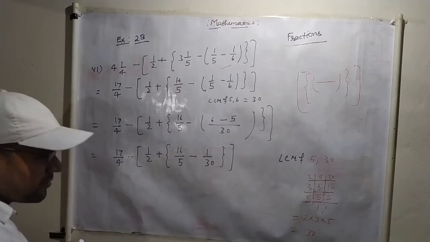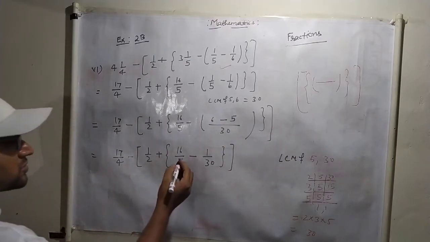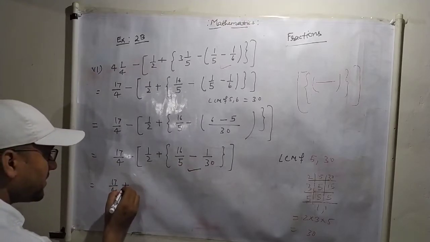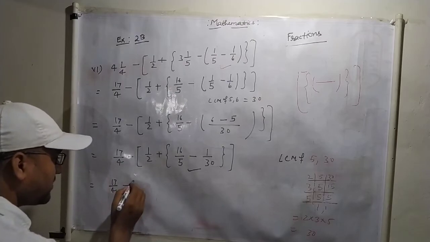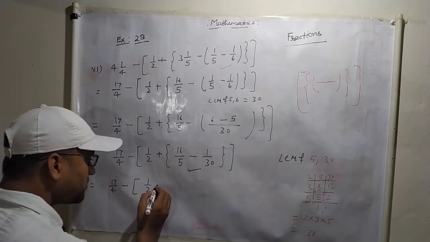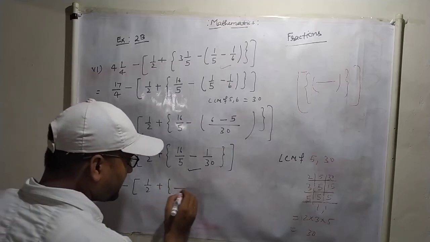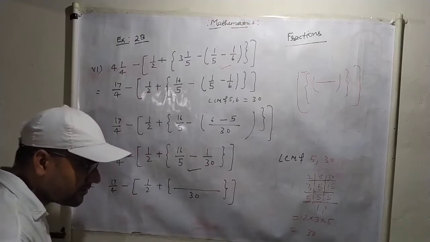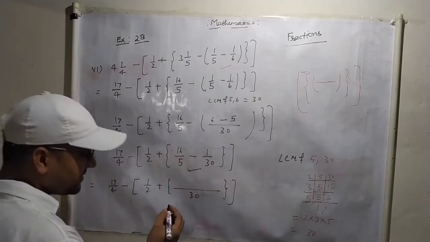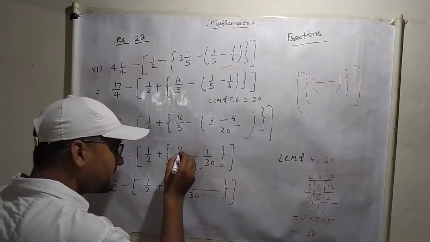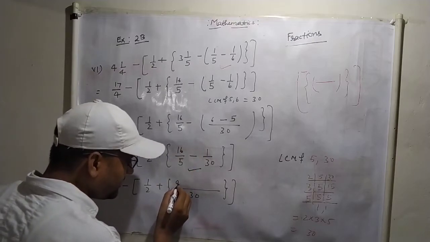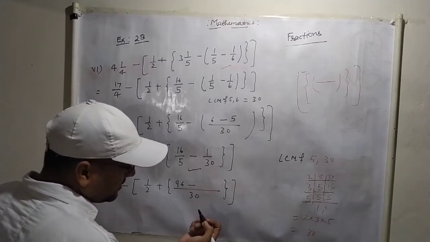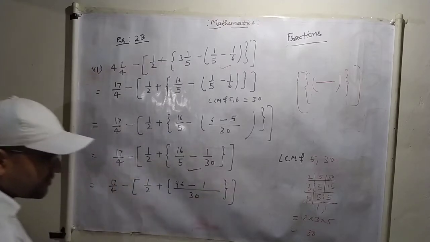Solve this one: 17 by 4 minus square bracket, 1 by 2 plus curly bracket, with denominator 30. 30 divided by 5 is 6, and 6 is multiplied into 16, 96, minus 30 divided by 30, 1 multiplied into 1, you get the same value 1.